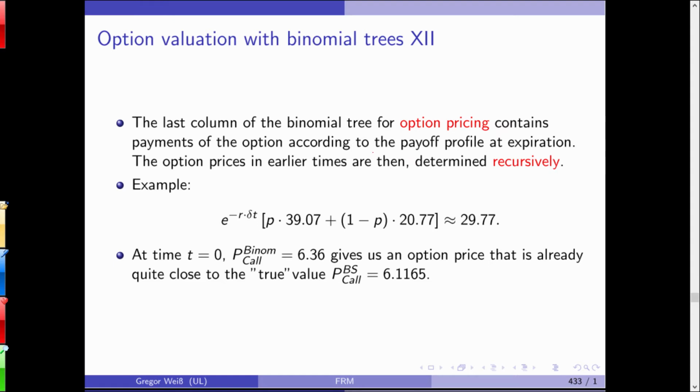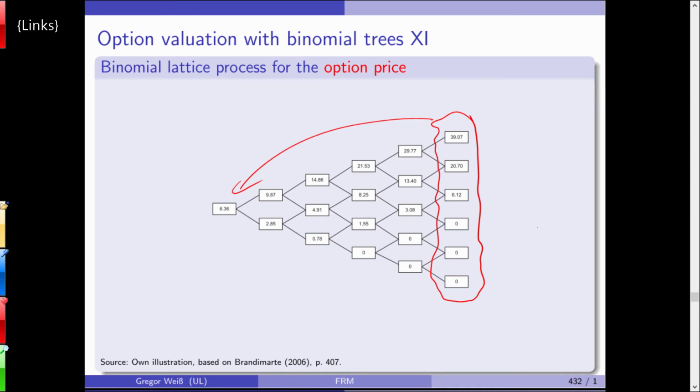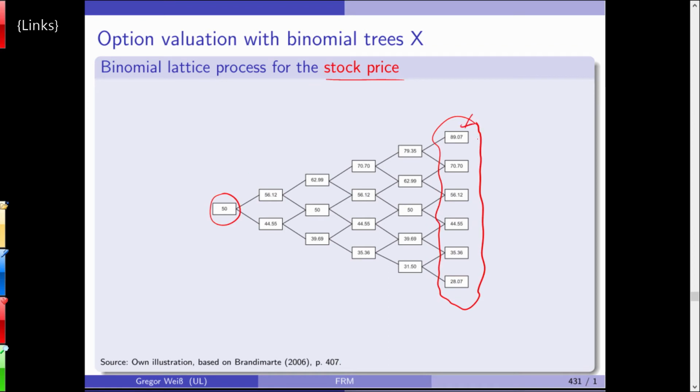Now, again, you can do it recursively. You have the risk-neutral probability. So what you need to do is just take those payouts, let's call them C1, C2, and then calculate P times C1 plus (1 minus P) times C2, discount it by 1 plus R, and it should give you this price.